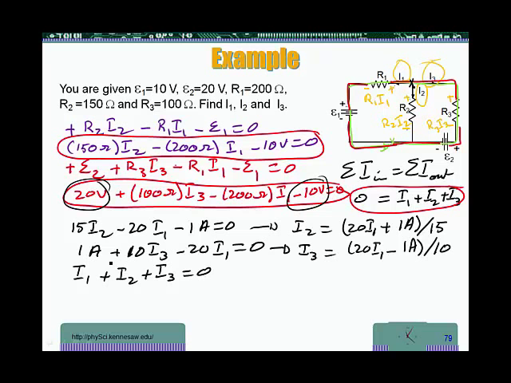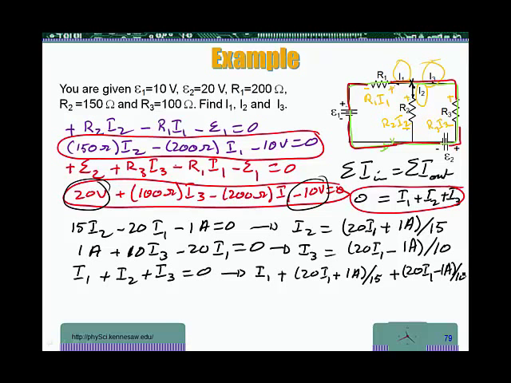I'm going to plug both of these in this equation, so that gives me I1 plus 20 I1 plus 1 amp over 15. Then plus I3, which is going to be 20 I1 minus 1 amp over 10.